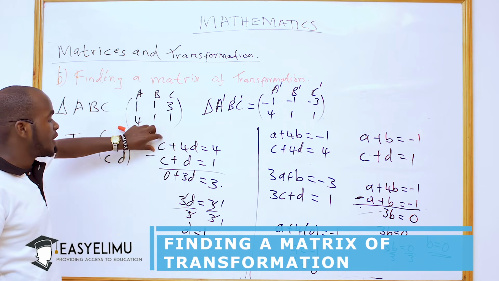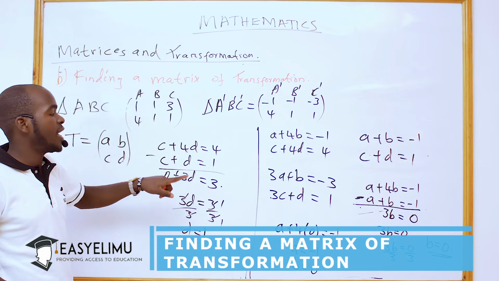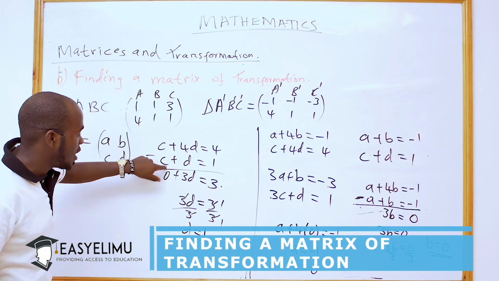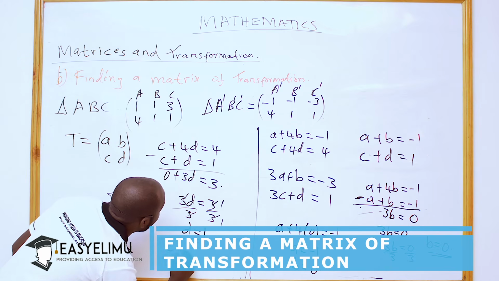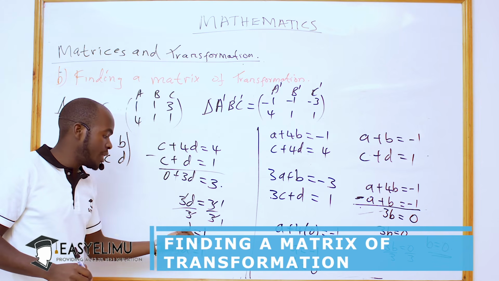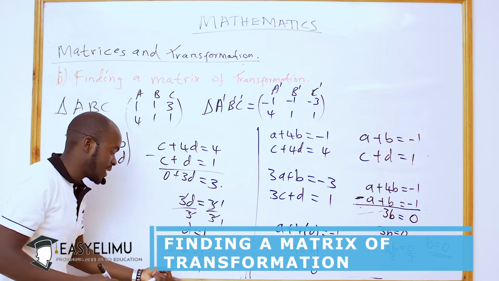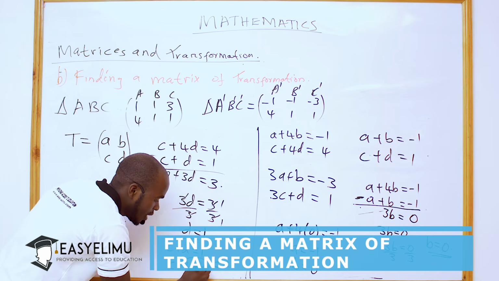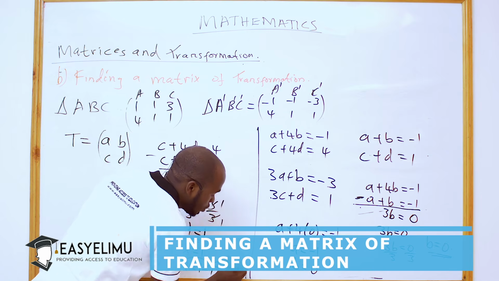So if we need the value of C, we now take any of the equations, we substitute D equals 1, and it will give us the value of C. For instance, let's now take C plus D equals 1. If we substitute the place of D with 1, we get C plus 1 equals 1, implying that C equals 1, this one, the other side, if it goes the other side, it will be -1, and we get our C equals 0.